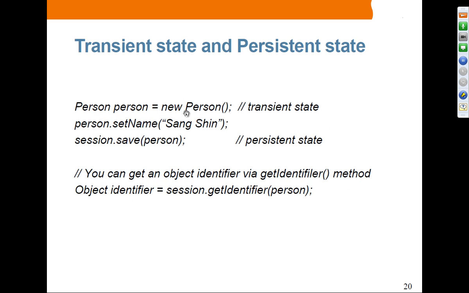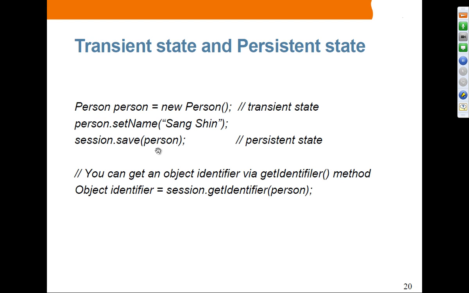Here, when you create an object that's in transient state, you make a change, and then when you save that object, in this case the Person object, this object is now being maintained by the session. It's maintained in the persistent context.